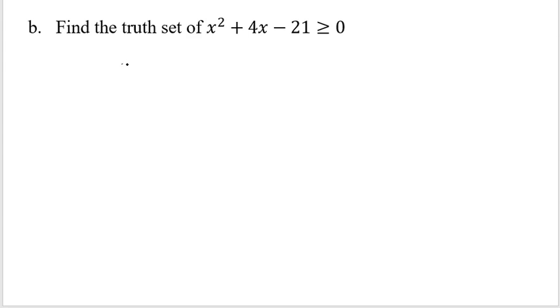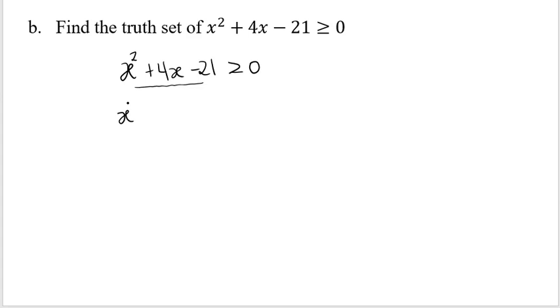So we have x squared plus 4x minus 21 is greater than or equal to 0. So we take the quadratic aspect, and we try factorizing that.